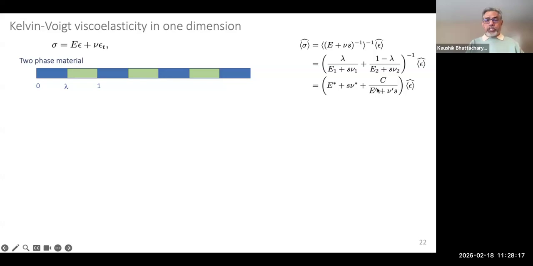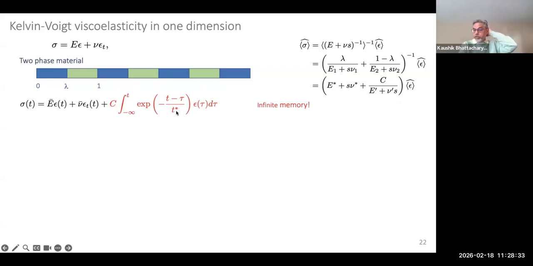If you work out the details, so if you take the inverse Laplace transform or look up your favorite source on Laplace transforms, you find that the behavior gives you this. There's an exponentially decaying kernel with some relaxation time t star, which is just the square root of the ratio of E and nu.